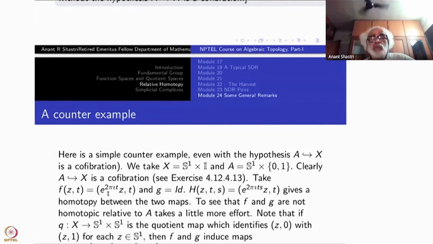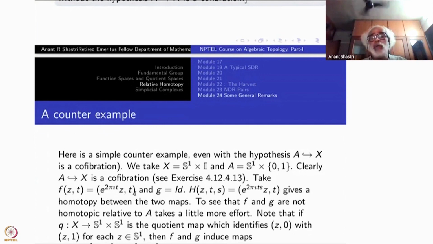So multiplication will again give a complex number of unit length. So f of (z, t) is e power 2 pi i t z. It just means that at time t, I have rotated z through an angle 2 pi t. That is the meaning of this.